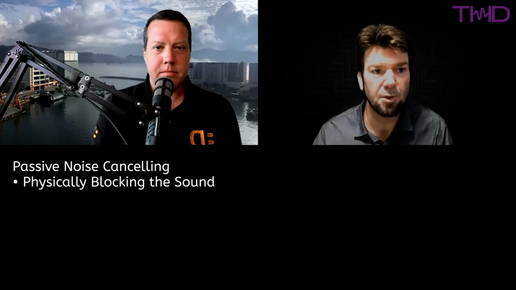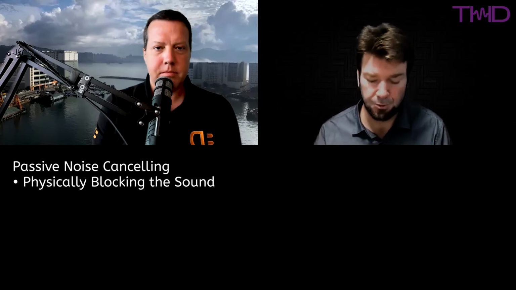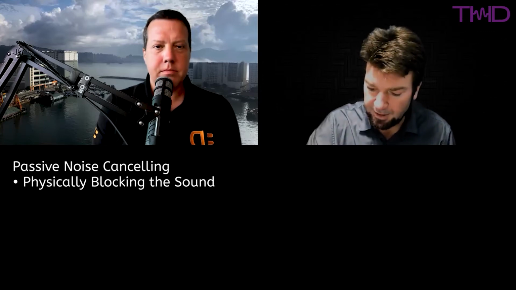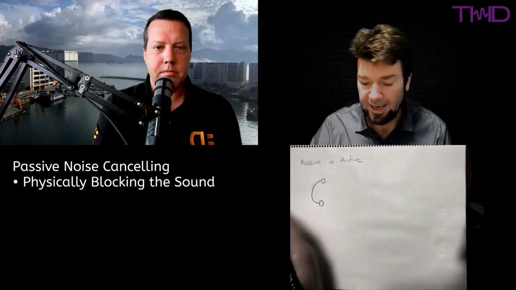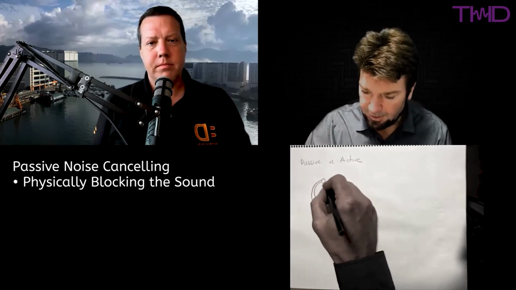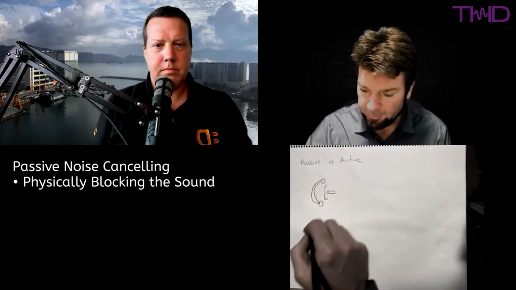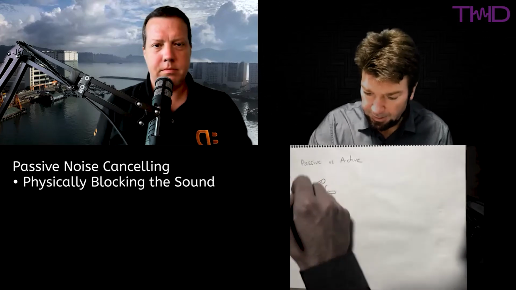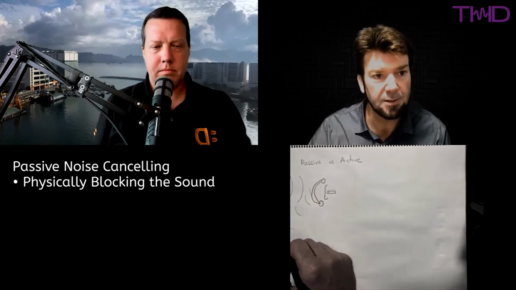Passive noise cancellation essentially means you're blocking the sound from getting to your ear or whatever the destination is. So the technique is to make a headphone, let's say, an ear shell. And here's your ear in here, with the ear canal, and you're listening on the diaphragm in here. So the sound waves are coming in. Essentially, you're trying to reflect as much as you can off that hard surface.